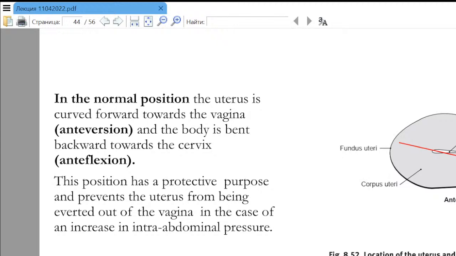In the normal position, the uterus is curved forward toward the vagina, anteversion, and the body is bent forward toward the cervix, anteflexion.